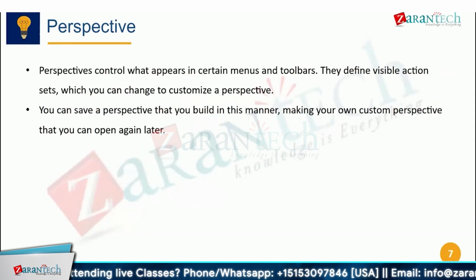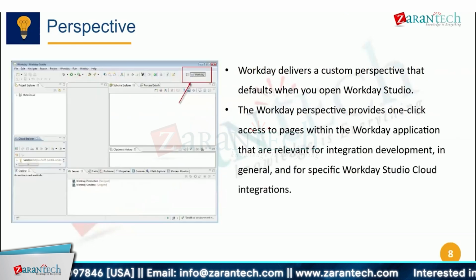Perspectives control what appears in certain menus and toolbars. They define visible action sets which you can change to customize a perspective. You can save a perspective that you build in this manner, making your own customized perspective that you can open again later. Workday delivers a custom perspective that is the default when you open Workday Studio.